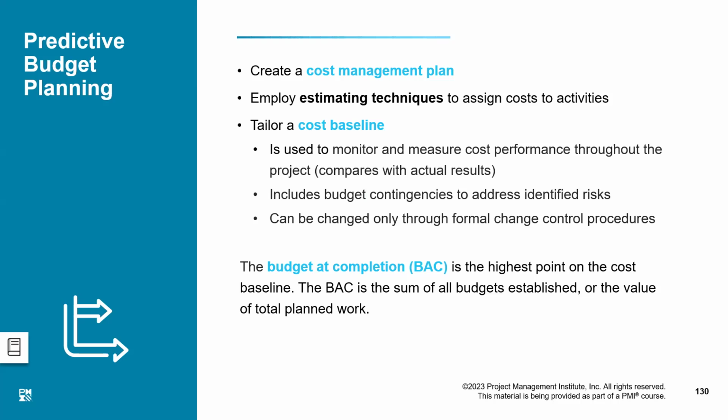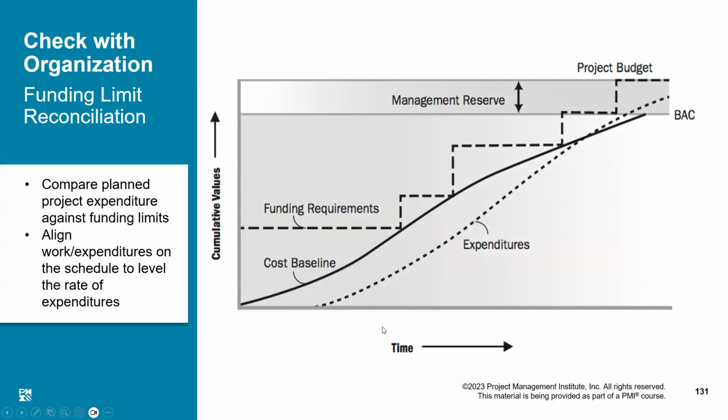I will show you how our cost baseline looks. BAC is the sum of all budgets established for all the activities. Or you can say, whatever the work which was planned to be done, each activity, it is the sum of all those works. So that is BAC, how it is established. Now, if you look at this diagram, everything will start falling in place.